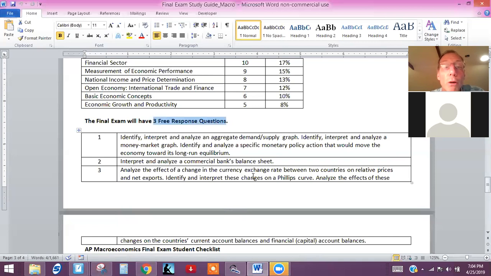Okay, so what I want to just sort of go over is what you've seen over and over and over again, and that's the aggregate demand and supply graph.